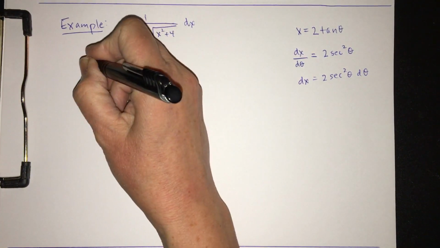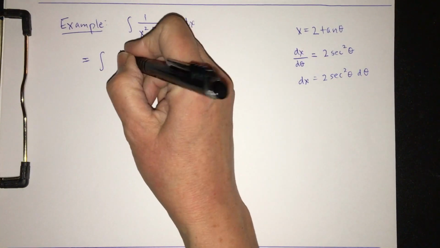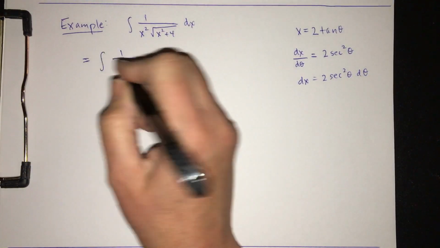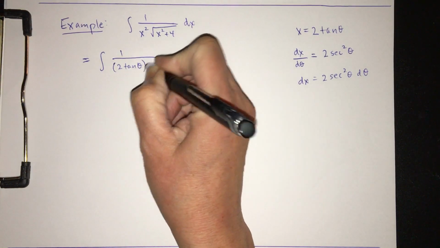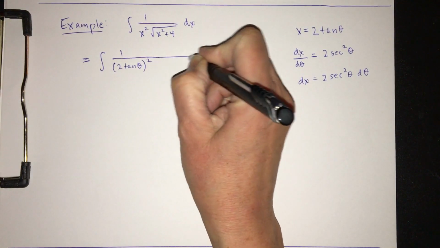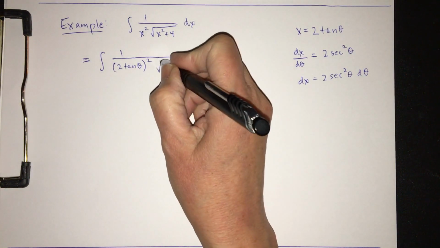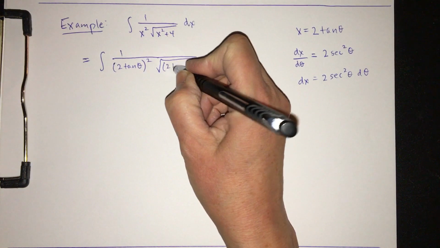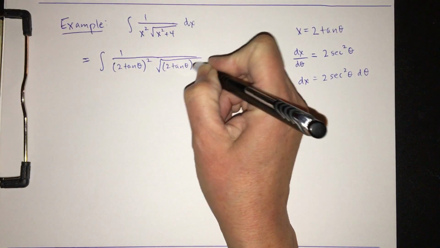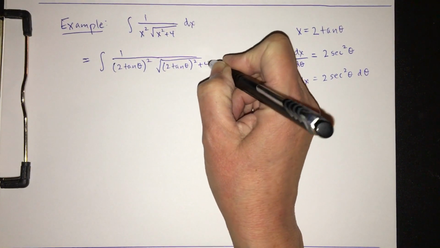I'll have the integral of 1 over, well, x is 2 tangent theta, so that's 2 tangent theta squared times the square root of 2 tangent theta, that whole thing squared plus 4.